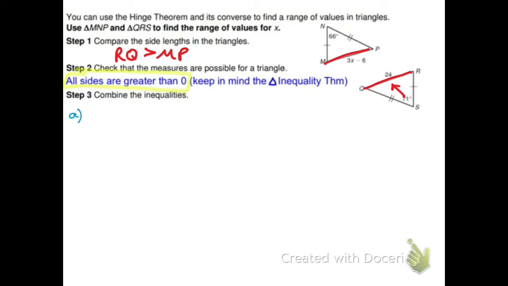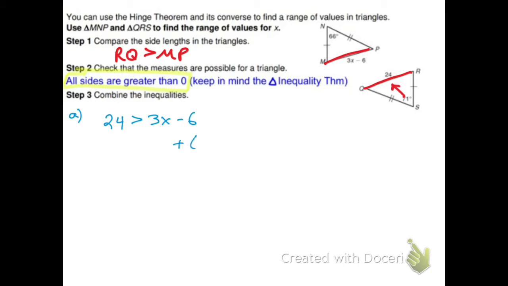First, if I know that side RQ is greater than side NP, well, I know RQ is 24, NP is 3x minus 6. Well, I can substitute that in, and I can write 24 is greater than 3x minus 6, and now I just use algebra to solve.